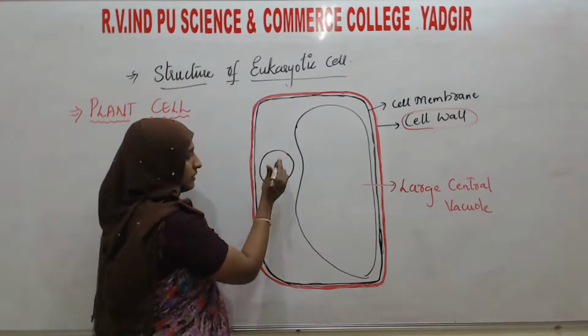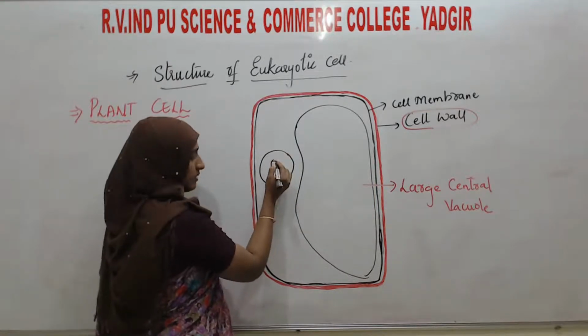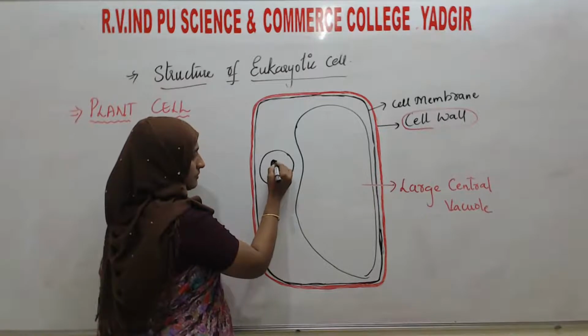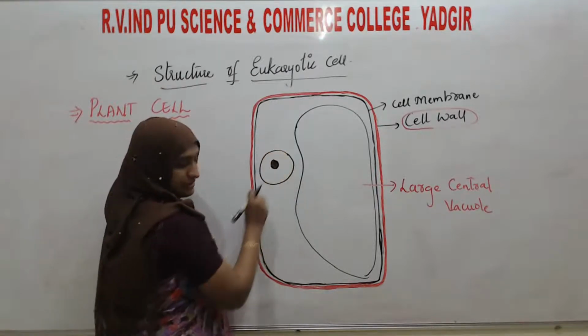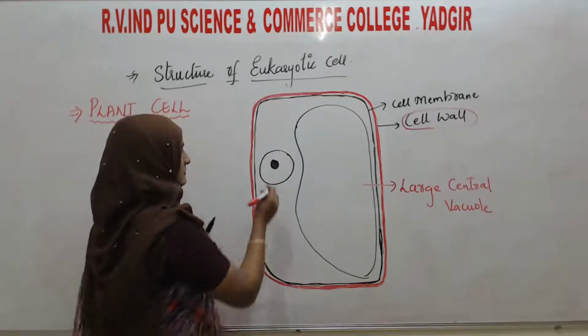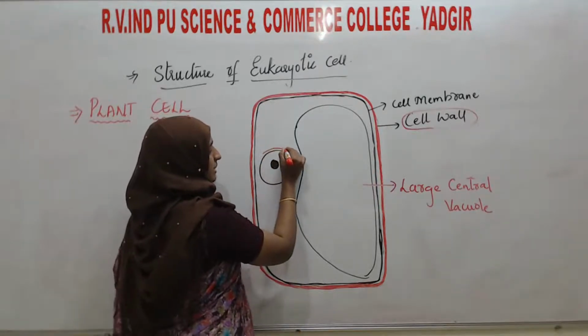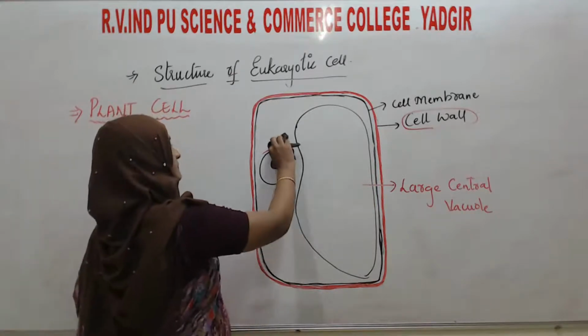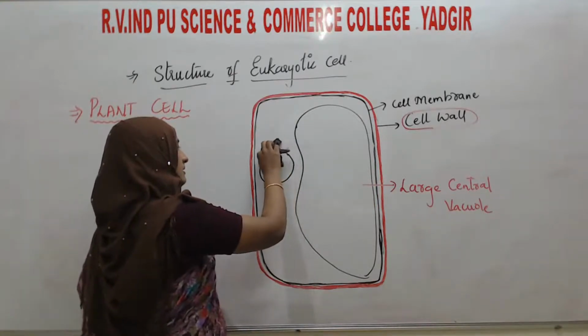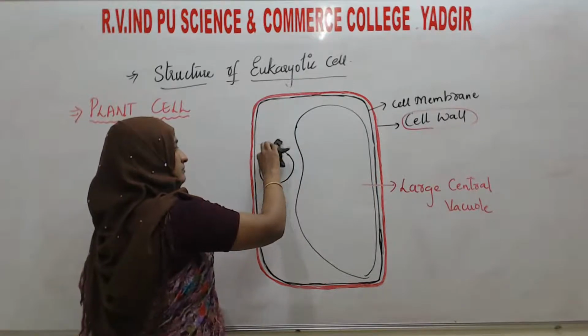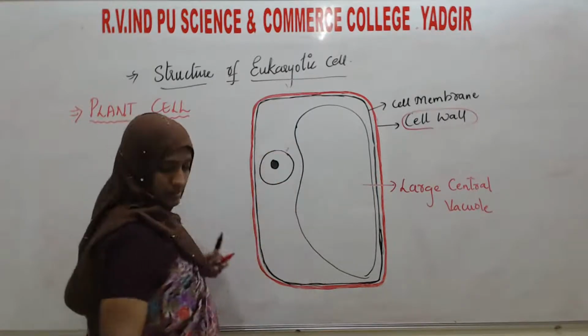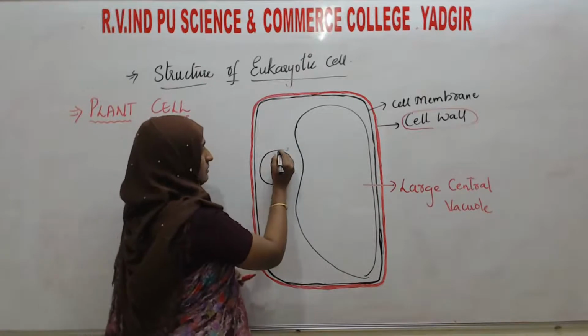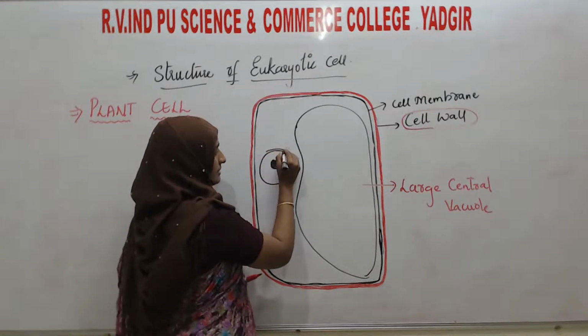This is the nucleus, and this is the nucleolus. Okay, and this is the envelope, as you know that this nucleus is enveloped because it is a eukaryotic cell.